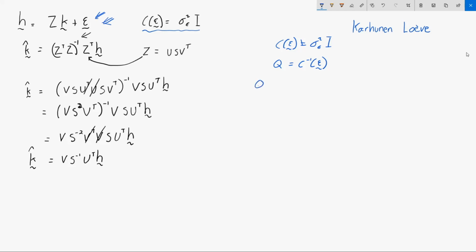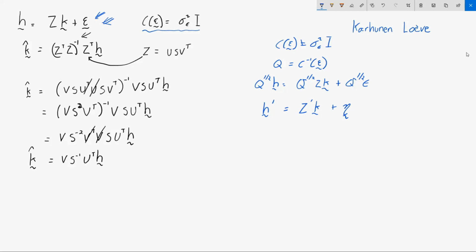So I obtain Q to the half H equals Q to the half ZK plus Q to the half epsilon, which I'll rewrite as H dash equals Z dash K plus eta, where each of these terms is defined just through this equation.